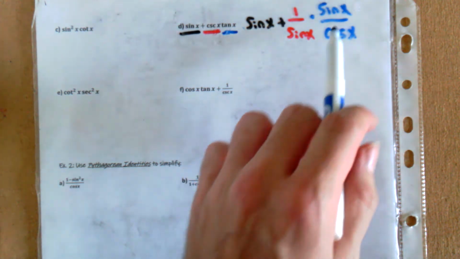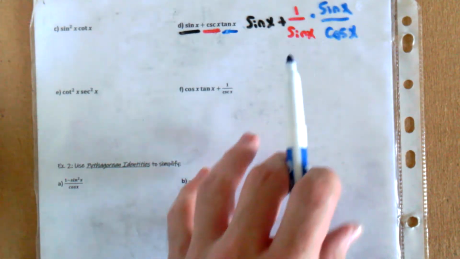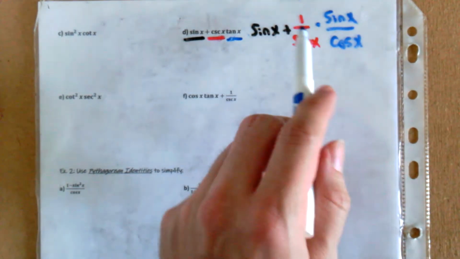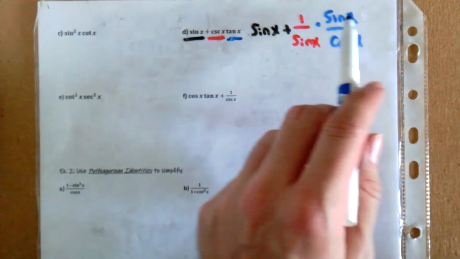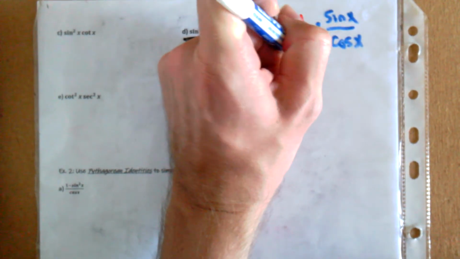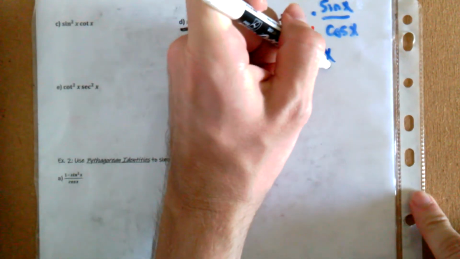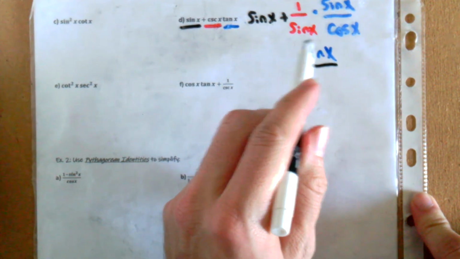Okay. Now let's see if things cancel out when we multiply these two fractions together. So 1 times sine gives us sine on the top, or the numerator, divided by sine times cosine on the denominator, or the bottom.